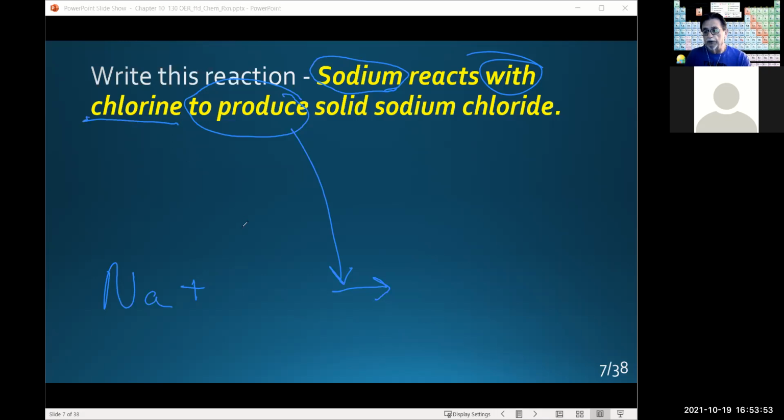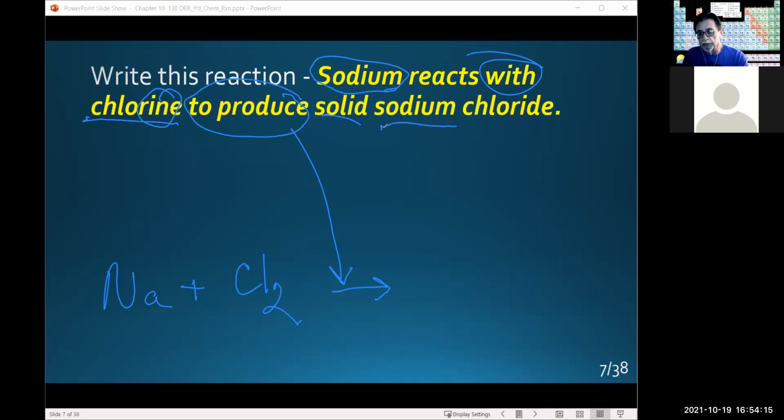With chlorine. Now, we know that chlorine is diatomic. Have no fear of ice cold beverage. No, it's not chloride. It is chlorine. We're talking about the element chlorine, okay? Then they tell you to produce is the arrow, solid, so they're giving you the physical state of the product.